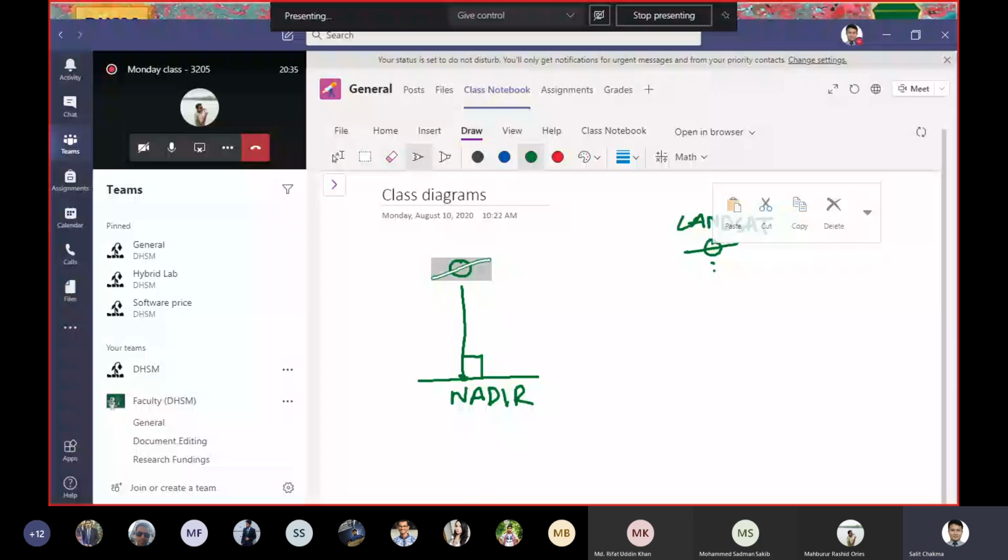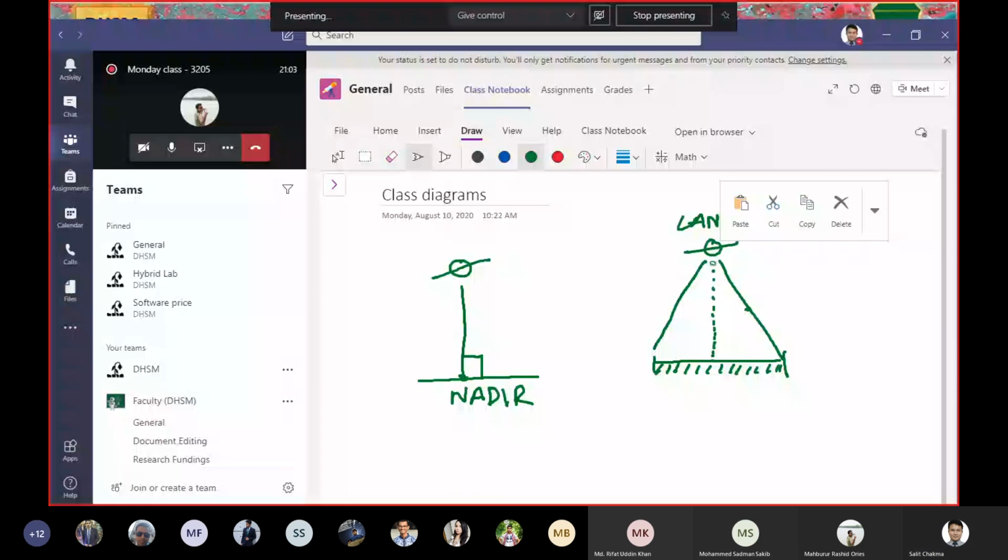You are capturing this entire scene, which is known as the FOV, field of view. And this is nadir. All these other points are off nadir.